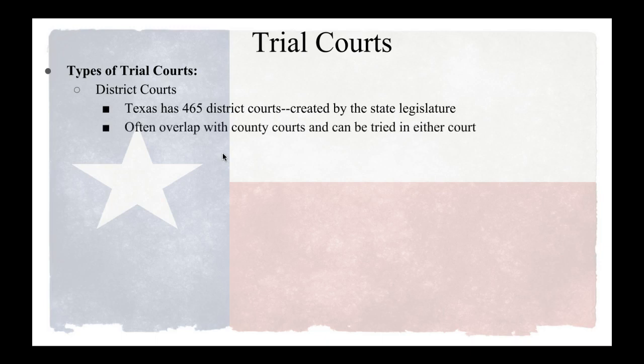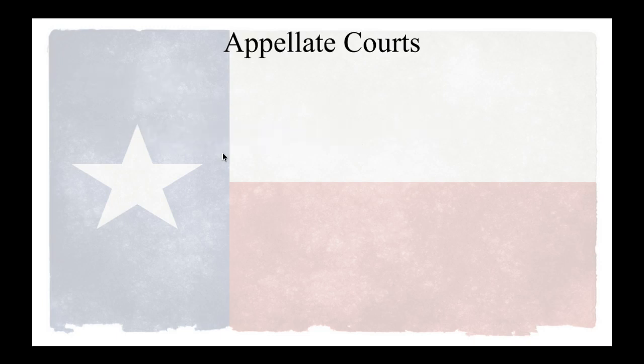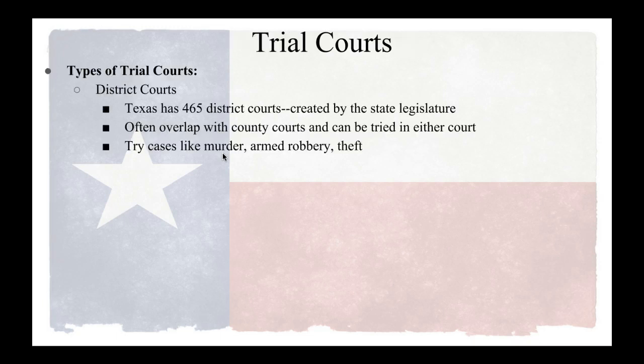Oftentimes the county courts and the district courts can overlap, and so sometimes you can decide where you want those to be tried. You want them to be tried at the district court, you want them to be tried at the county court level. But they do try cases like murder, armed robbery, theft, so they're going to be those more serious crimes that are committed at the state level.